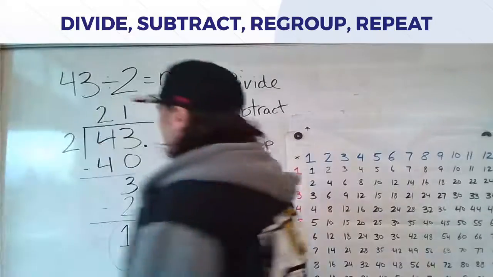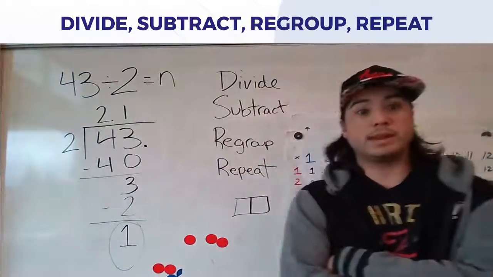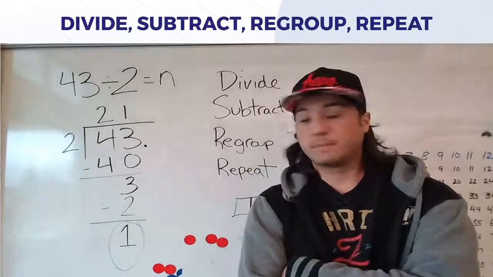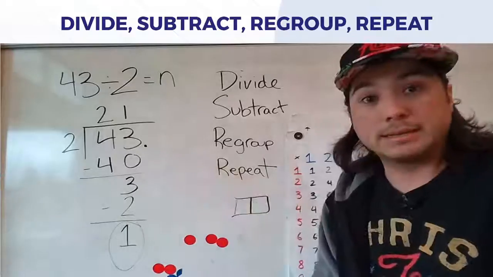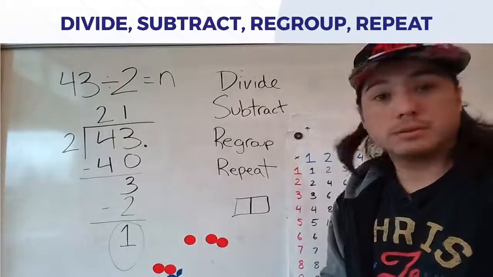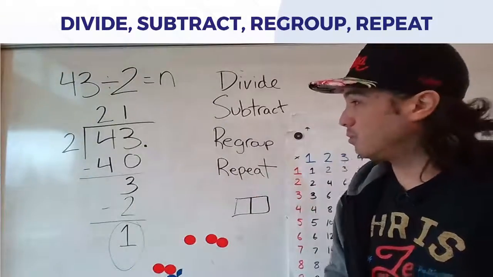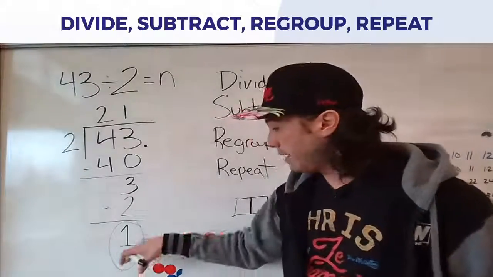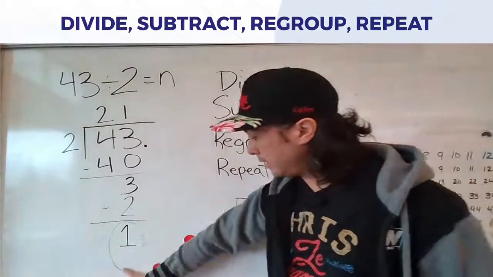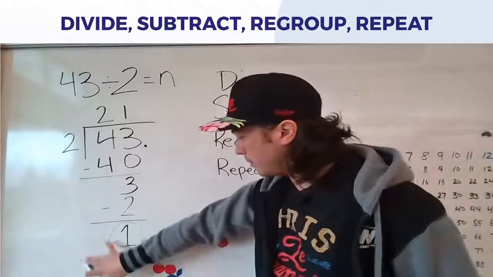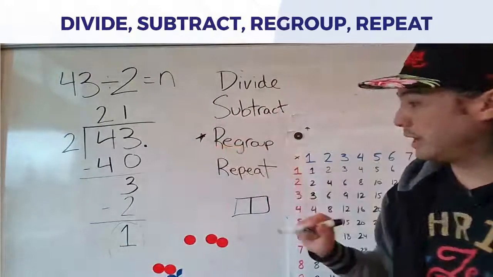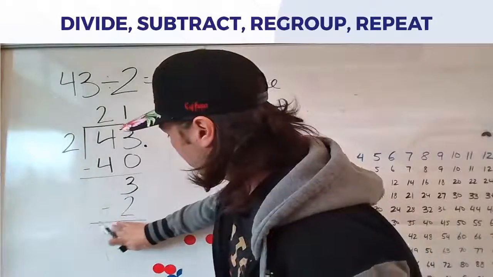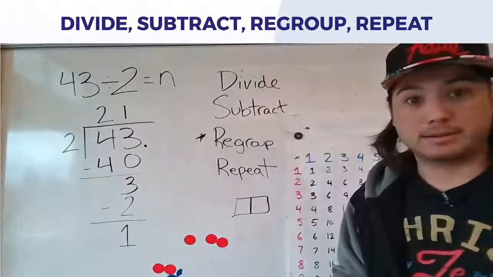So in this number 43, the decimal point is right here. And if there's no value in any of our decimal places, we can use zeros. Essentially, if we have one remaining, we are going to break up this one. We're going to regroup this one, and we're going to make this one 10 tenths.